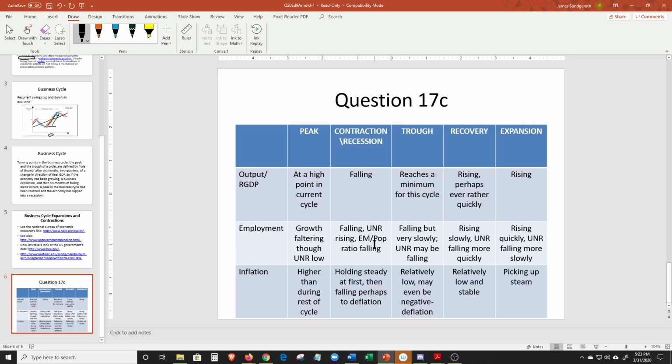But employment is falling, and this is the huge thing. I've seen somewhere where they think employment could fall by millions of people, 3 to 10 million people just in the last month. This is going to be quite a tremendous fall in employment.